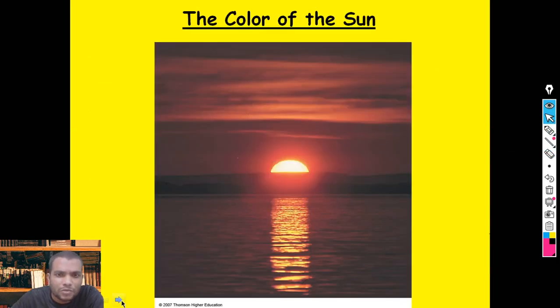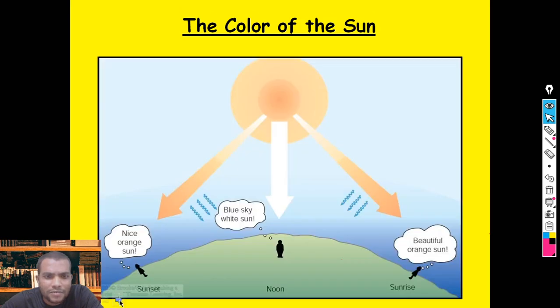Sometimes you can observe that at sunset and sunrise times, the color of the sun is different. During the early morning, it's a beautiful orange sun, that is the sunrise, and during the noon time, it's the blue sky and the white sun, and during the sunset again a very nice orange sun.